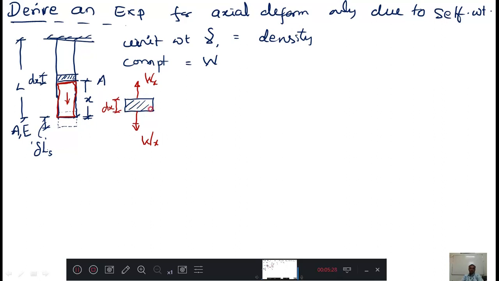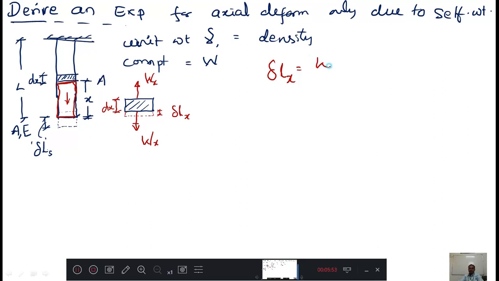Now, if this small strip extends its length, let us consider that extended length of the small strip as delta Lx. Then I can write the expression for this delta Lx very easily by using the prismatic bar method. Delta Lx equals PL by AE.